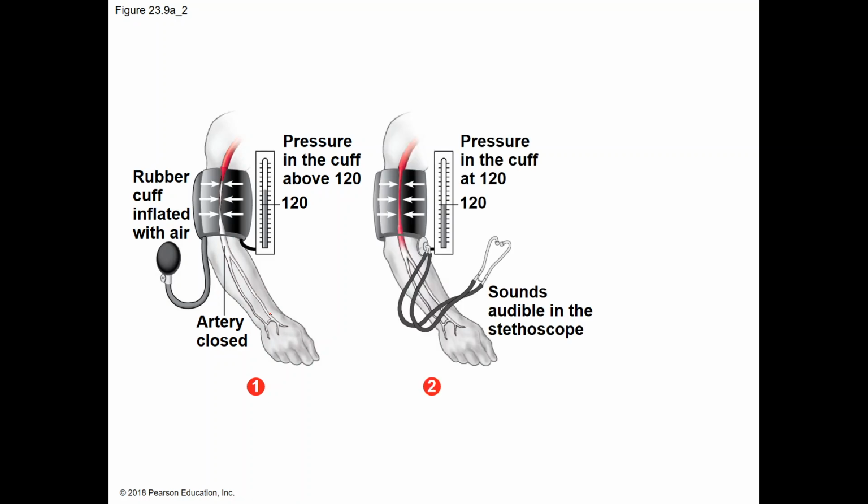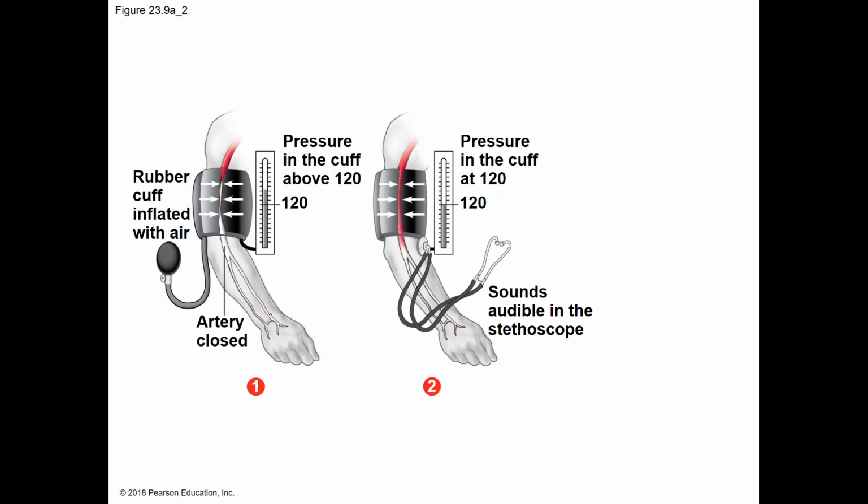Then a stethoscope is traditionally used, I know they have some automated digital versions now, to listen for vibrations of blood flow in the constricted artery wall as the cuff is gradually deflated. And the first sound of blood spurting through the artery indicates that the pressure exerted by the cuff has fallen below the pressure in the artery.